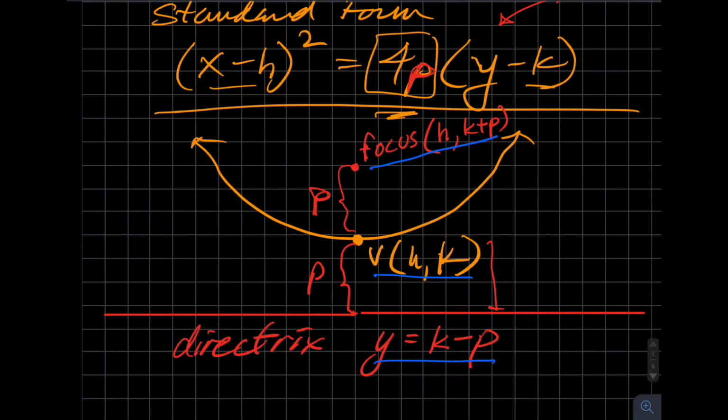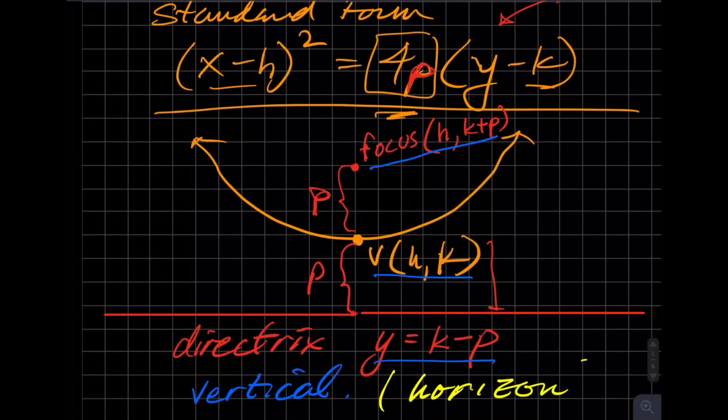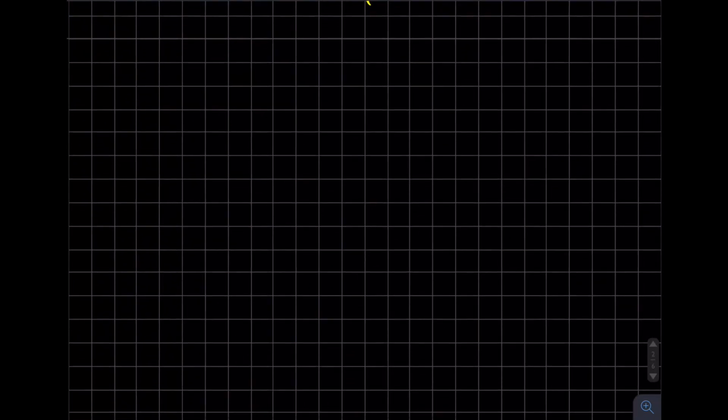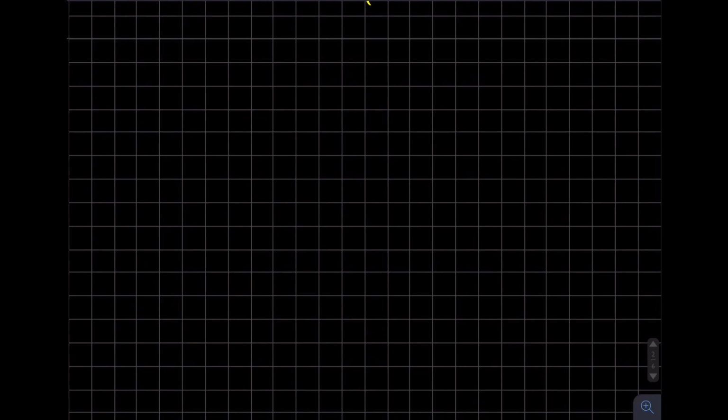Since I accidentally said horizontal, you know that there is also a horizontal case. This one is vertical. And I'll give you a summary screen at the end. There is a horizontal case, and that's more analogous to our inverse function.